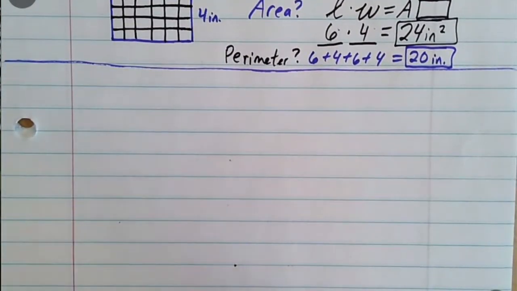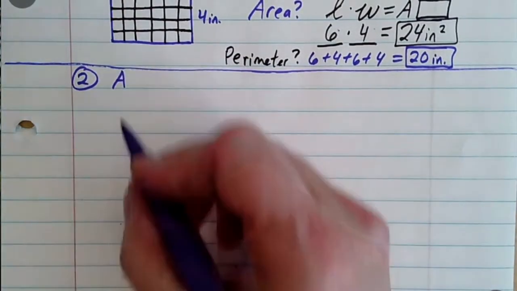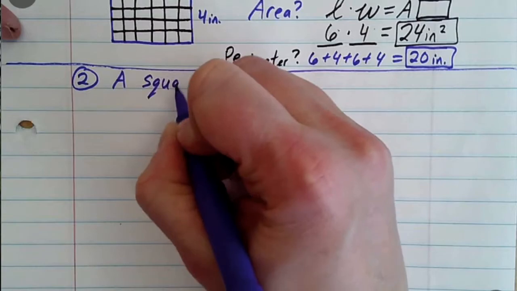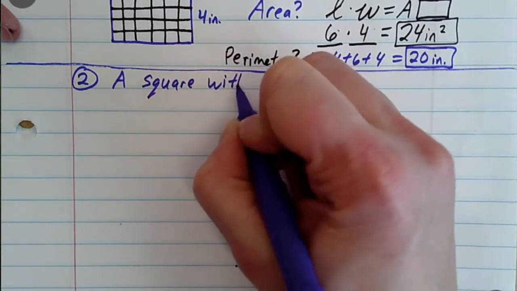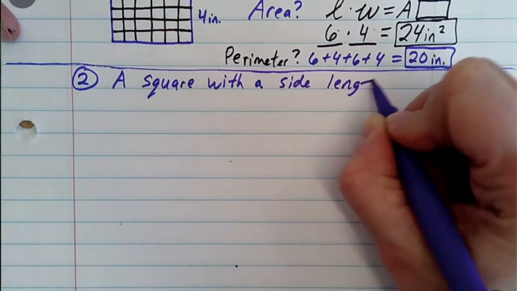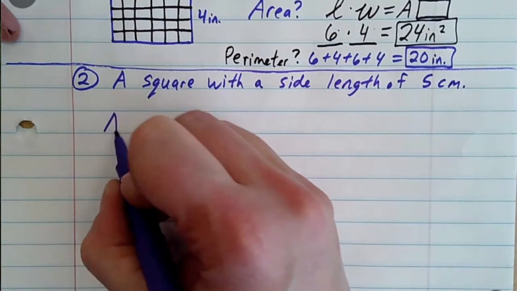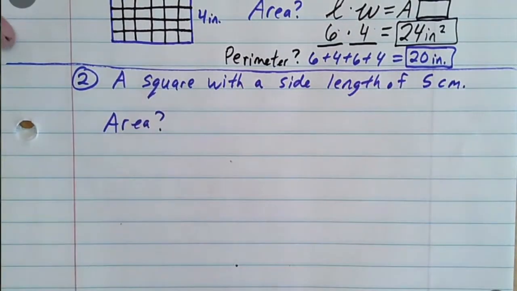The next example I'm going to do is give it in word form, a square with a side length of 5 centimeters. And I say, what is the area of that square? So what do you know about a square?